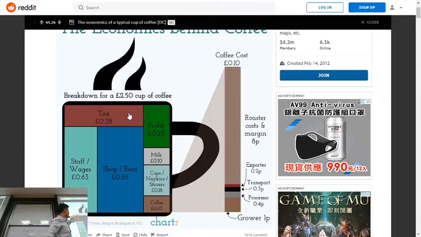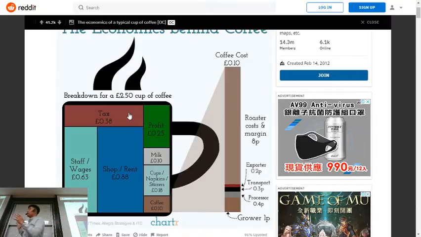Let's go back to the other factors. For example, staff. Wow, that is a big part. And the rent. In Taiwan, I think our profit margin is much higher, because rent will not account for such a big part of the cost. Here in Britain, wow, that is pretty expensive, 0.88.